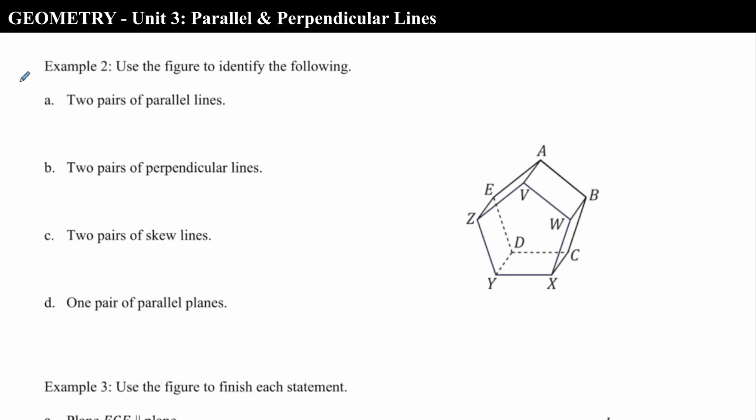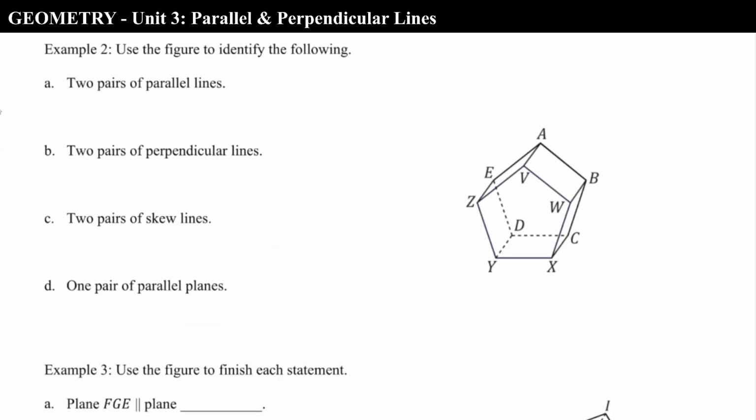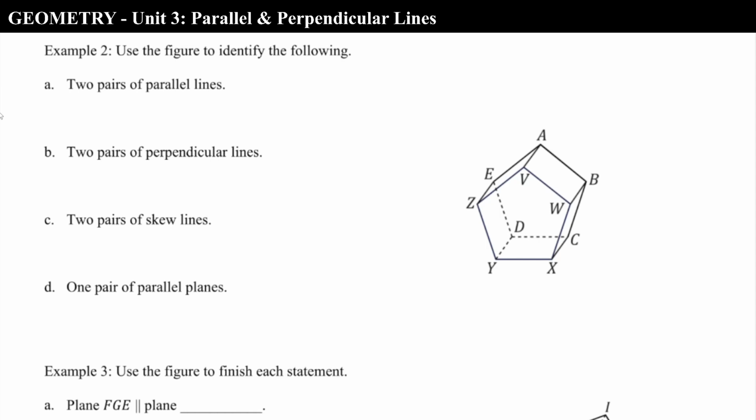All right, moving on to the next example. We're going to use this figure to identify the following. Again, two pairs of parallel lines. So let's see, we've got AB, which is here, and VW. And we've got DE and YZ.